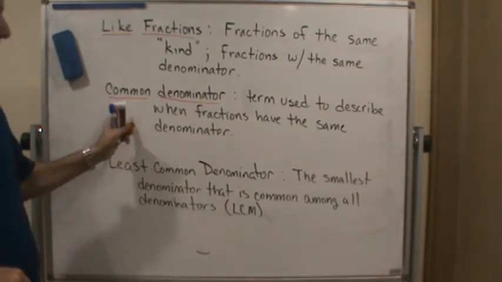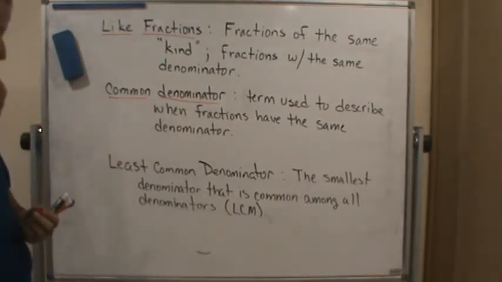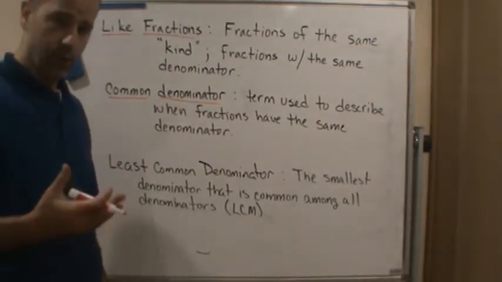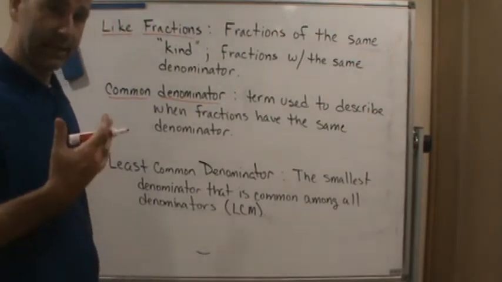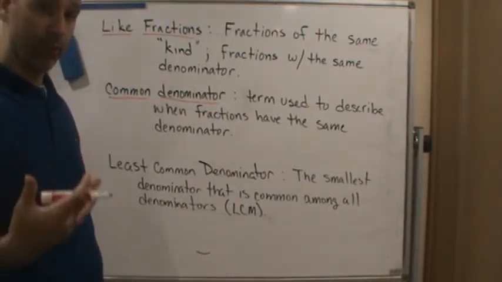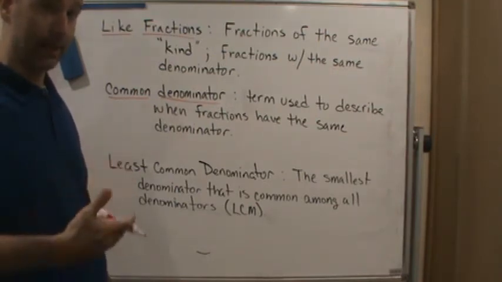We say that they have a common denominator, and this matters when we want to add fractions. We want them to be of the same kind. So one of the ways is to find equivalent fractions that do have a common denominator.